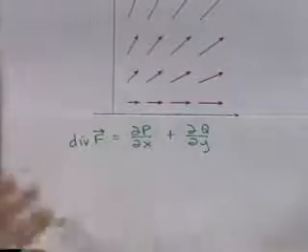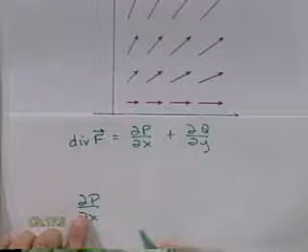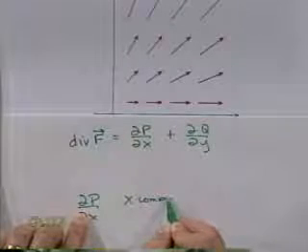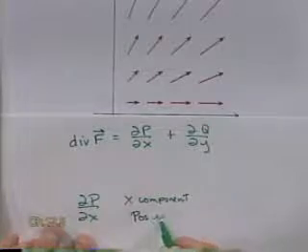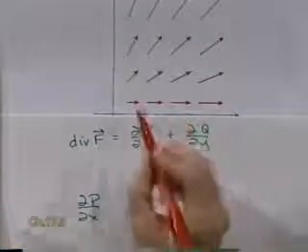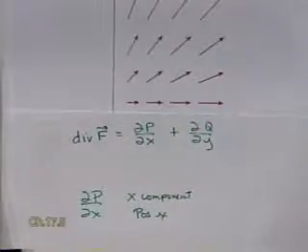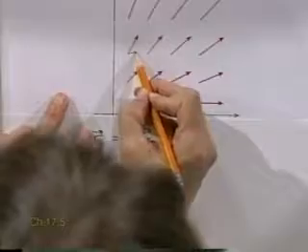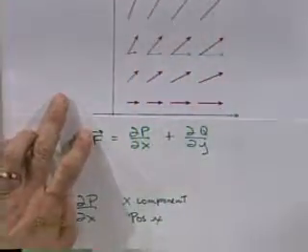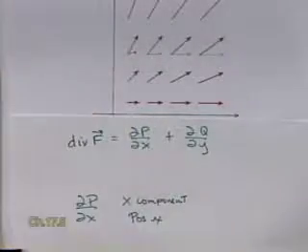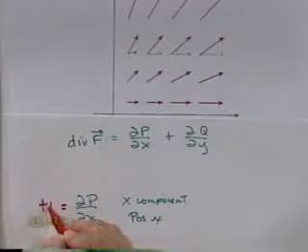If I'm doing partial of p with respect to x, p is what component? X. Which direction are we moving? Positive x. Okay, so let's just look at a few of our vectors. As I move in the x direction, what's happening to my x component? Bigger. Okay, let's try this one here. This is my x component, this is my x component, this is my x component, this is my x component. Heavens! Even that one, they're getting bigger. So if the x component is increasing, partial of p with respect to x is going to be positive.